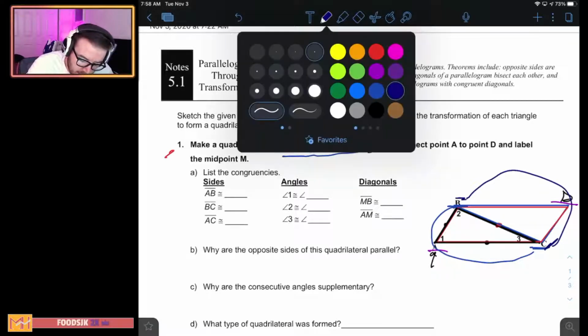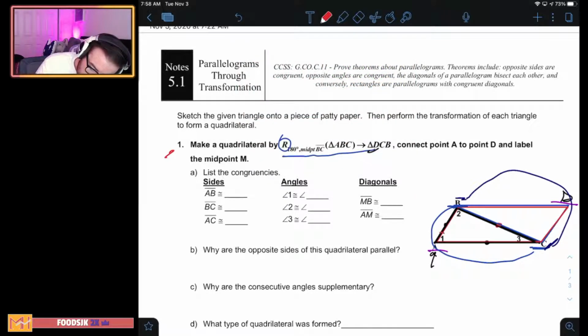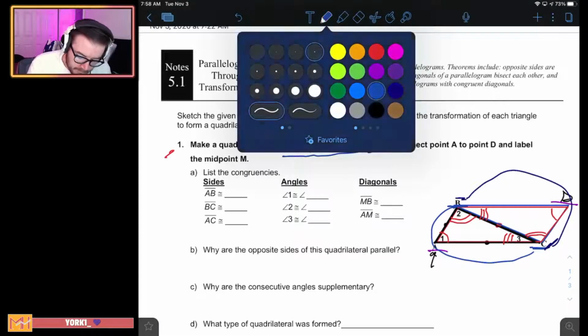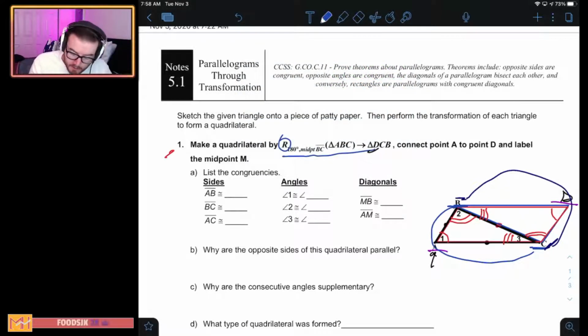So what I'm saying is this angle is the same as this one, and this angle is the same as this angle, and this angle is the same as that one. You with me? The way we rotated it? Also, speaking of, this side rotated up to this side, and this side rotated around to this side.